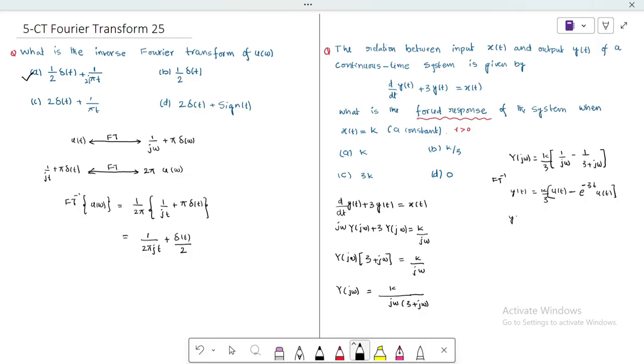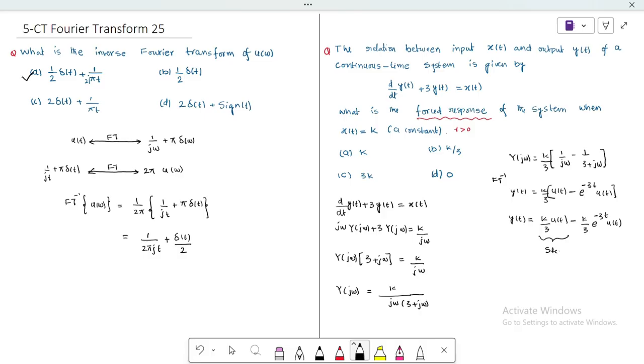So here we got the response. That equals k by 3 into u of t minus k by 3 e power minus 3t into u of t. So this is called the steady state response.